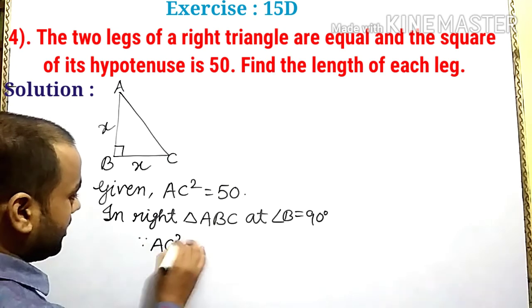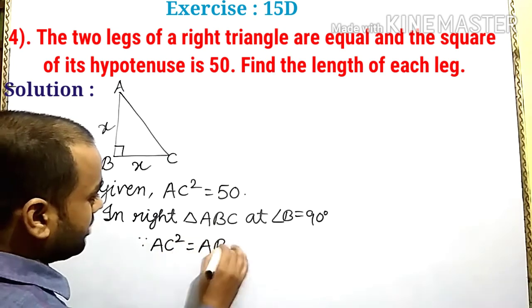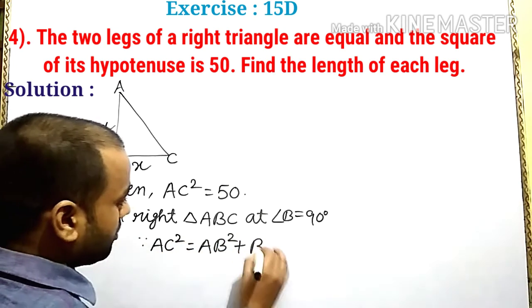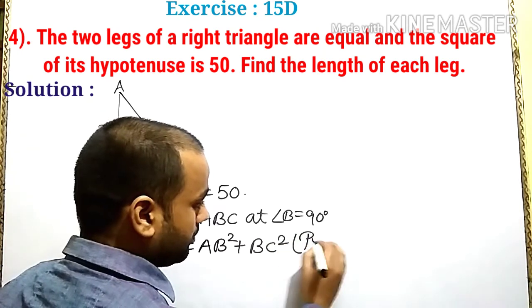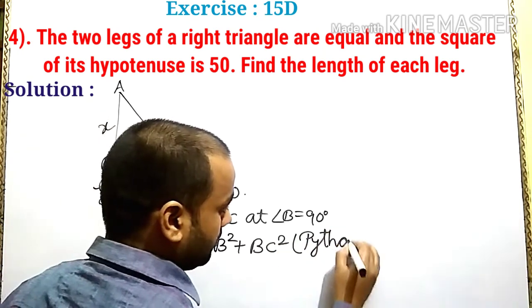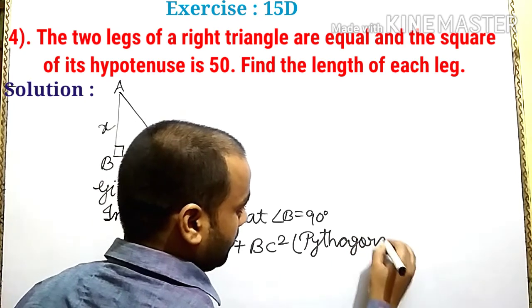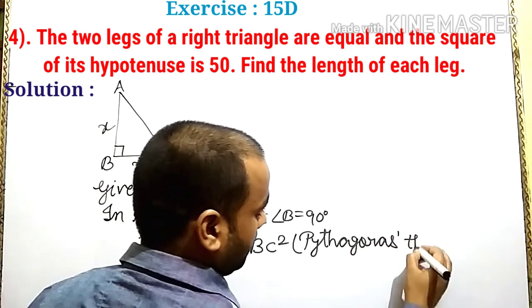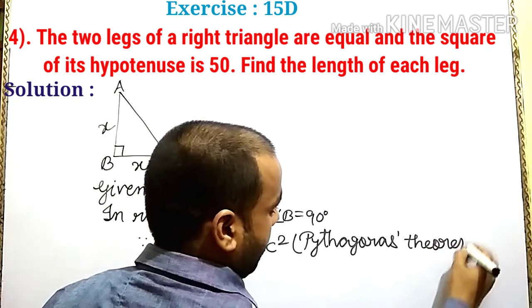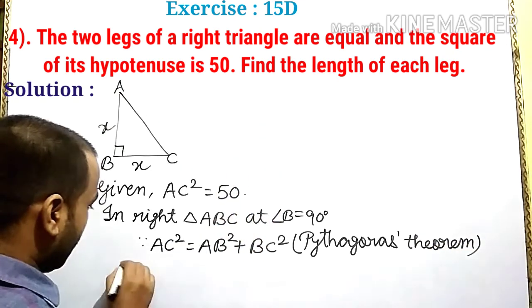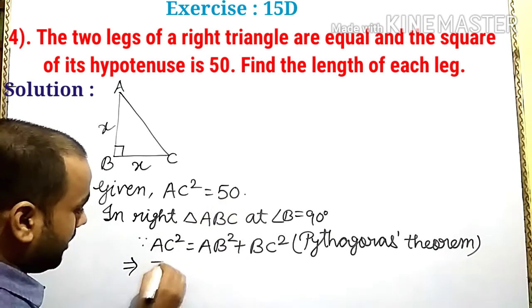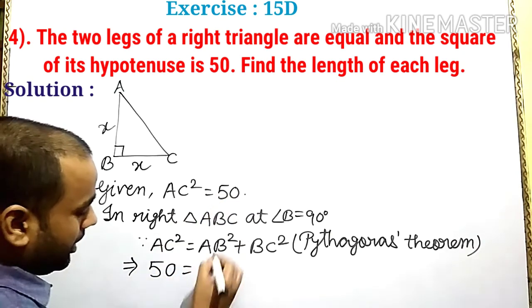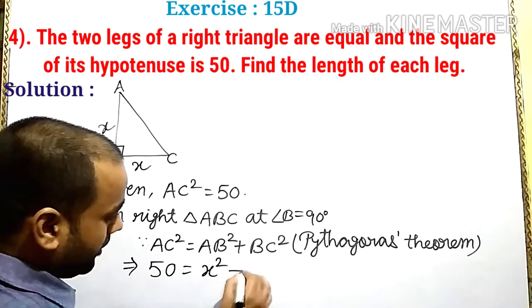AC square is equal to AB square plus BC square by Pythagoras theorem. Here the square of AC is given 50, write 50. Here AB is equal to x, the square of x.